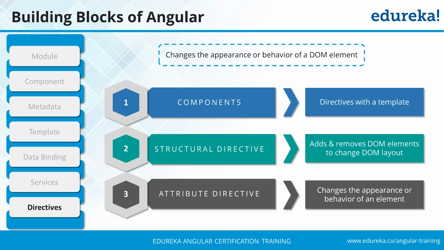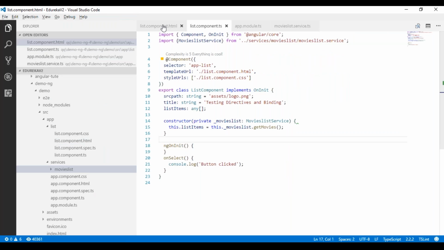Attribute directives are very simple behavior that you provide to a particular tag or an element when you apply it there. It is generally applied as an attribute and it changes the behavior, but it does not change the layout. So it does not make any changes to the structure of the DOM. It just provides you with some particular functionality. One of the best examples of an attribute directive is the image that we discussed some time back.